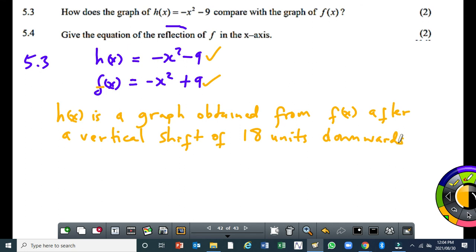So you get h of x if you shift the graph of f of x by 18 units downwards.